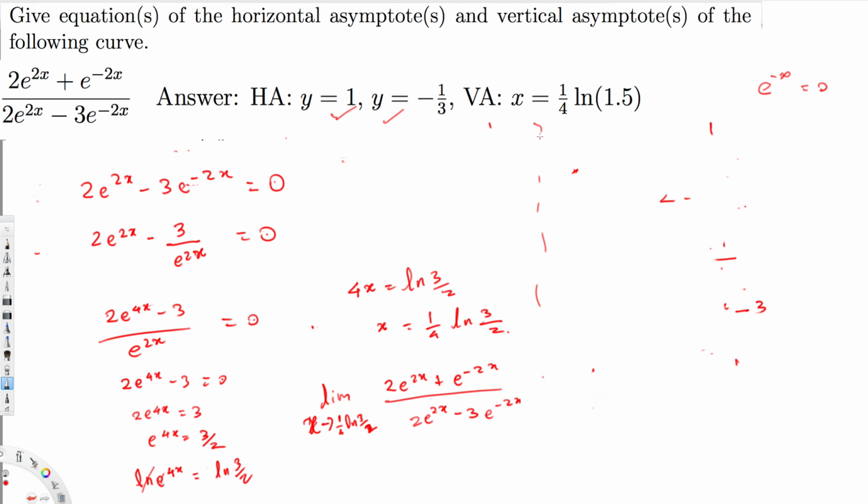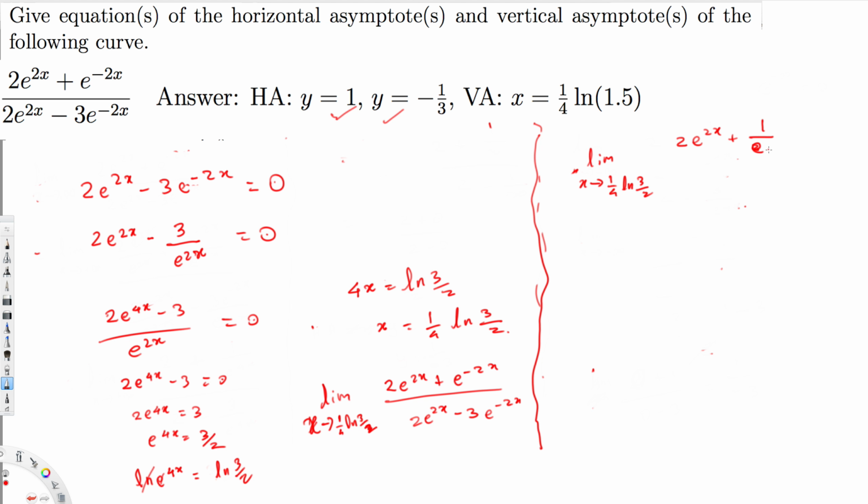Before we solve this, let's simplify the equation. I can write it as the limit as x approaches 1 over 4 ln 3 by 2 of (2e^(2x) plus 1 over e^(2x)) over (2e^(2x) minus 3 over e^(2x)).